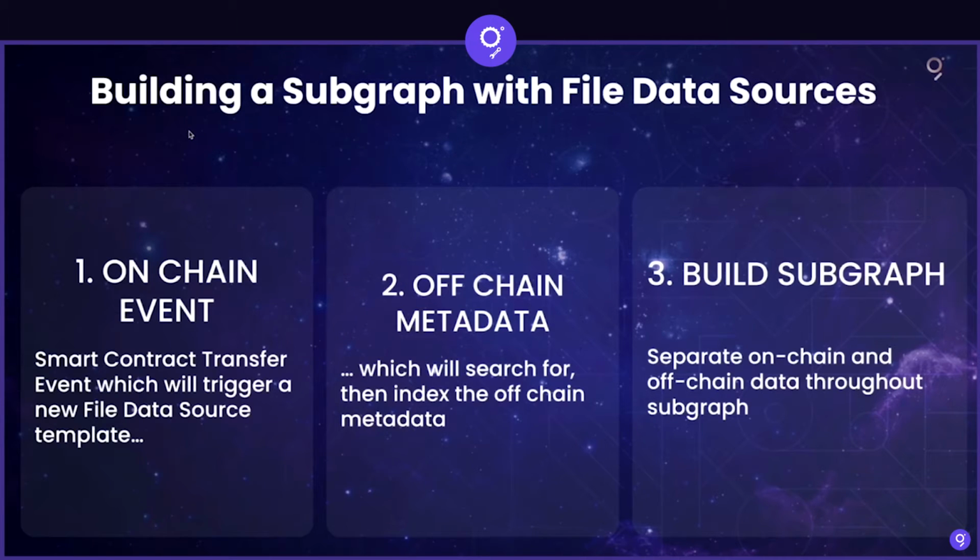You need to know a smart contract well enough that it has an event that you can extract an ID from. We'll talk about what a valid ID is in just a second. That's really important because if you don't have that ID, you're not going to be able to trigger the indexing of file data sources. So once you get that off-chain ID, you're then able to find that off-chain metadata, whatever that might be.